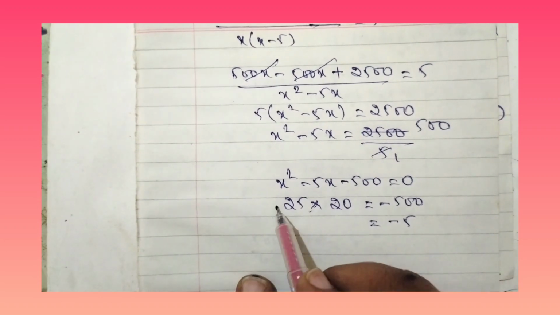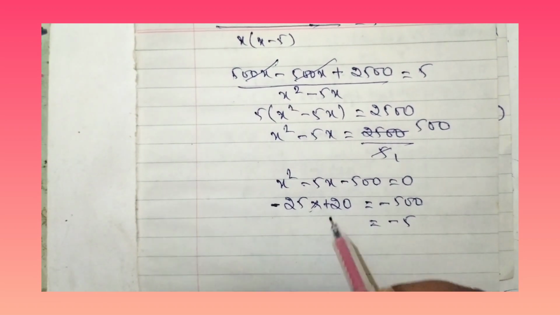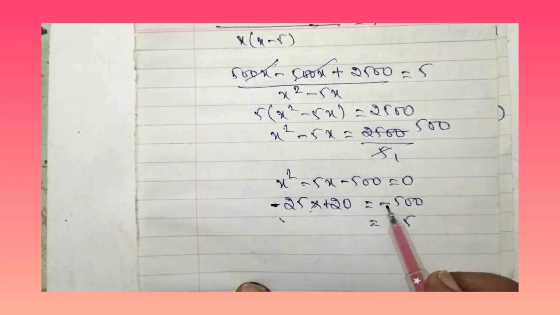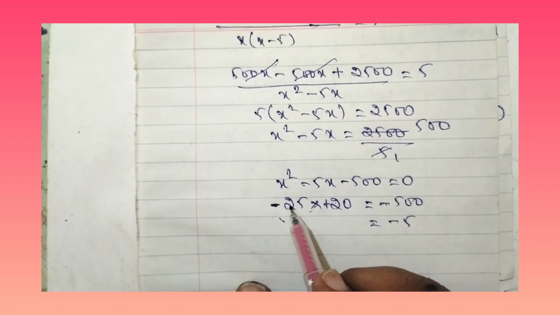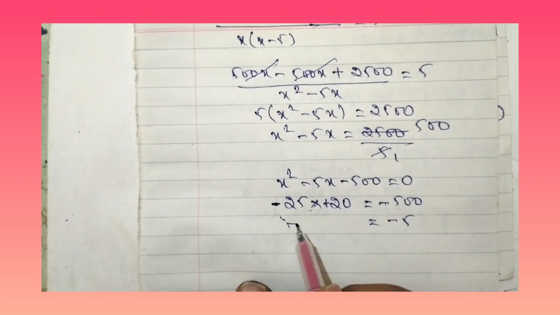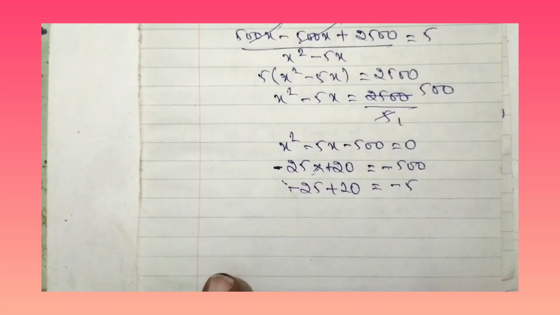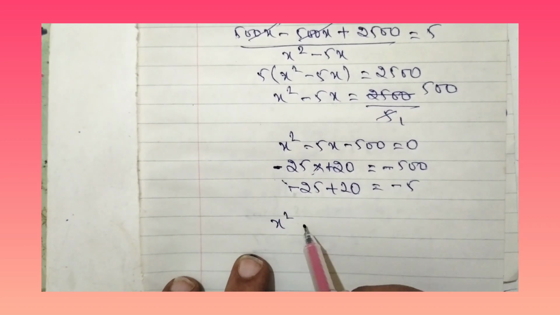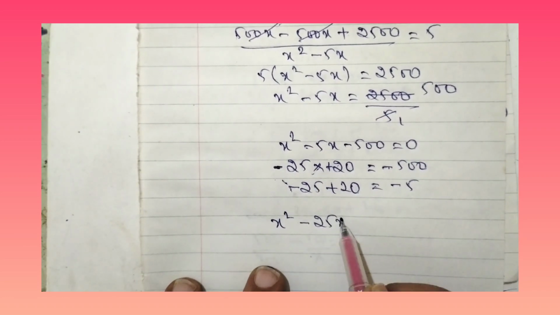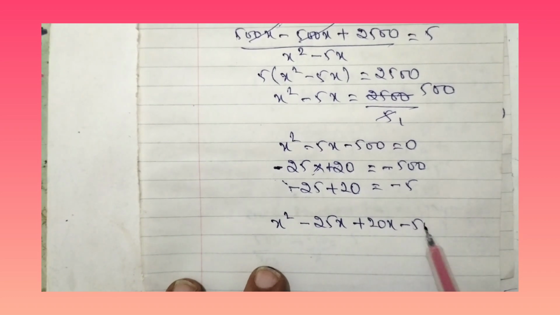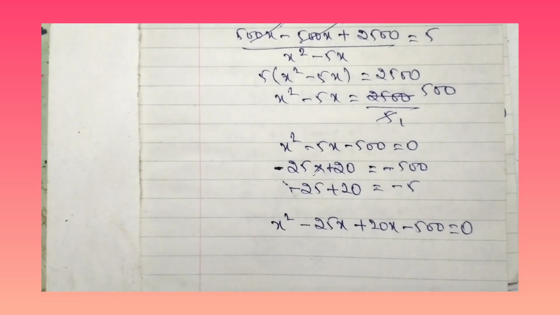To get minus 5, the bigger number takes minus and the smaller number takes plus. So 25 into 20 is 500, minus 25 plus 20 is minus 5. So x square minus 25x plus 20x minus 500 is equal to 0.